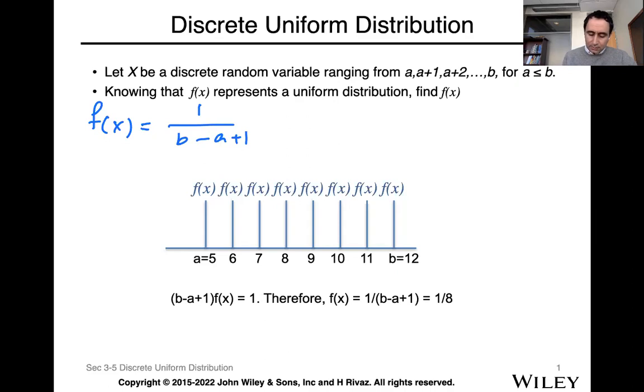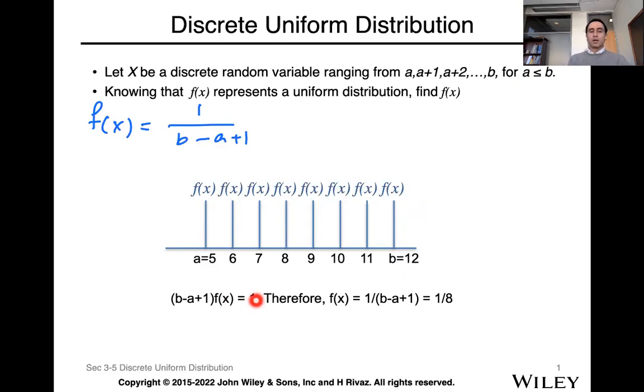So imagine a case, it is usually more difficult when I have b and a, but it becomes super easy when I have numbers, right? So assume that my uniform distribution varies between 5 and 12, right? Since all of the probabilities are the same, I can say that the number of these bars multiplied by f of x, because all of these are constant, all of them are f of x, the same value, is equal to 1, right?